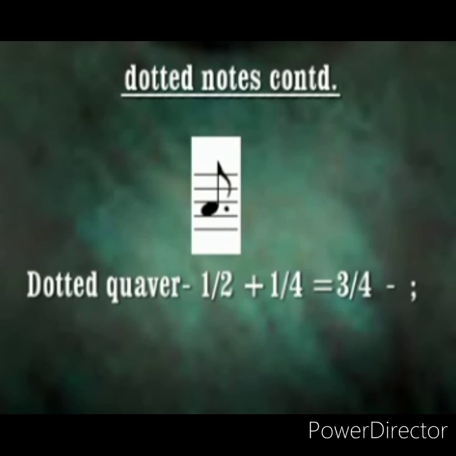So when we have a dotted quaver, we have both of them together, half plus a quarter, making 3/4. The best way to represent 3/4 of a beat is a dot and a comma, just like you can see. That is the representation of the value of a dotted quaver.